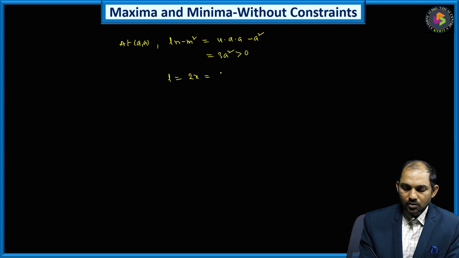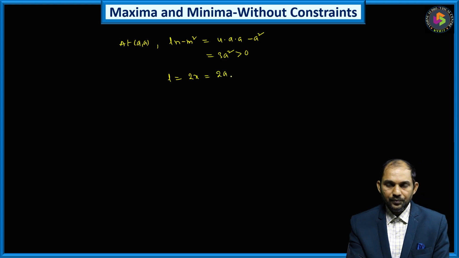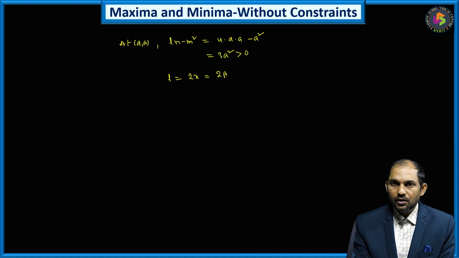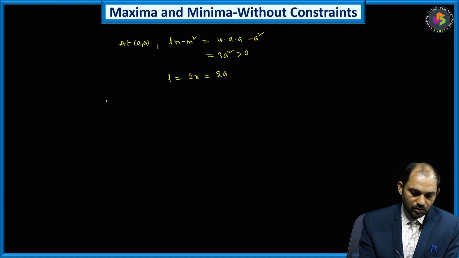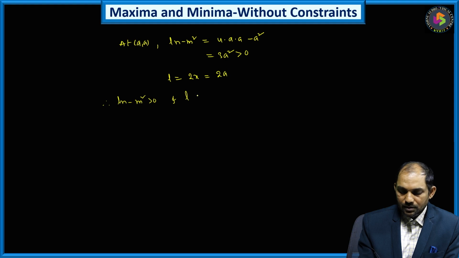At a comma a, you are going to have 2a. So unless you know the value of a, you cannot say whether L is greater than 0 or L is less than 0. So therefore, ln minus m² is greater than 0 and L is less than 0 for a less than 0, and L is greater than 0 for a greater than 0.